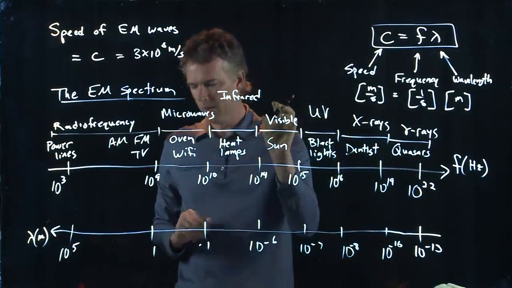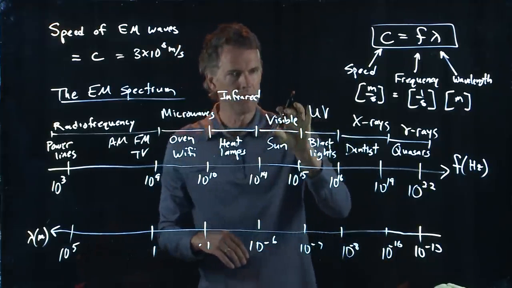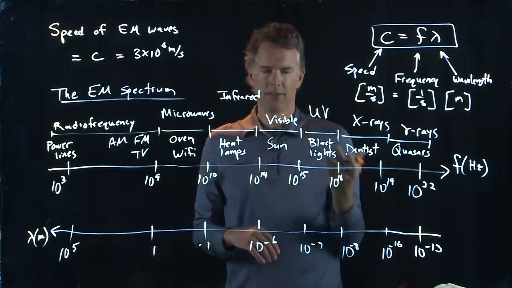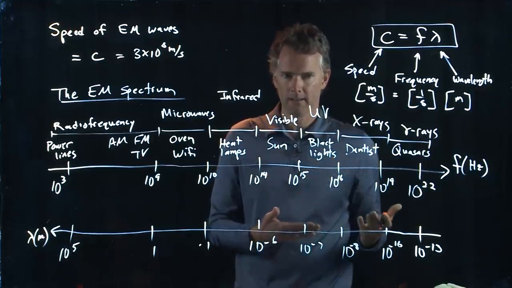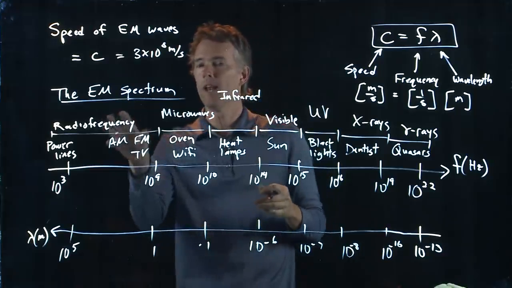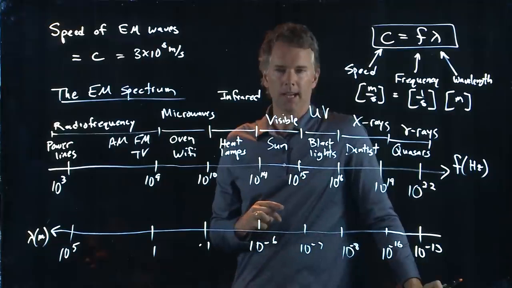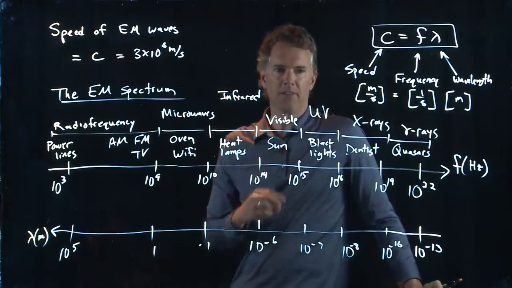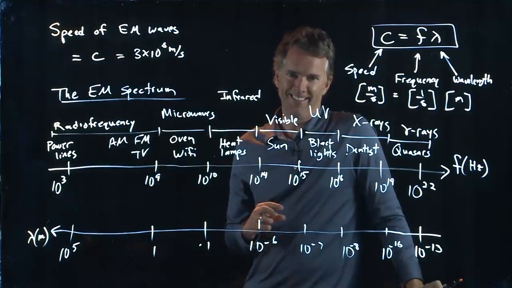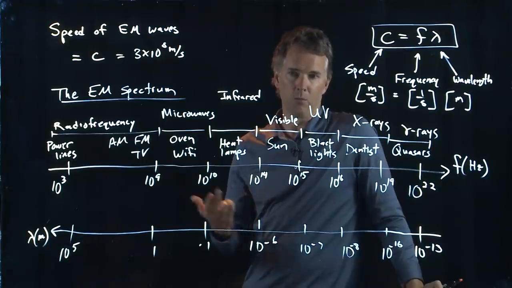Okay, visible we describe in exquisite detail, and that's largely because we operate on the visible wavelengths. Remember we asked that question a second ago, how do you detect electromagnetic waves? Well, you can use your car antenna and detect radio frequency waves. But if you want to detect visible light, how do you do it? How do you guys detect visible light? You're doing it right now, right? You use your eyeballs. Visible light is what you see.